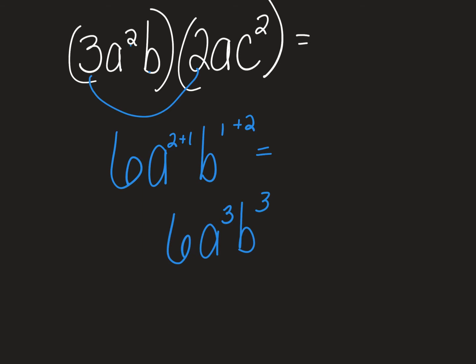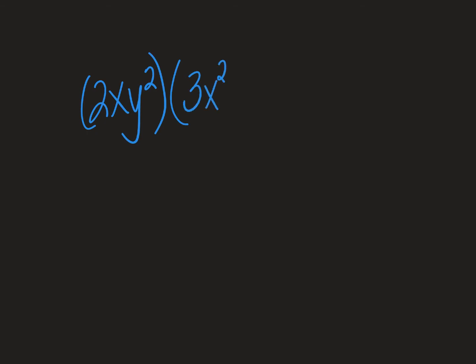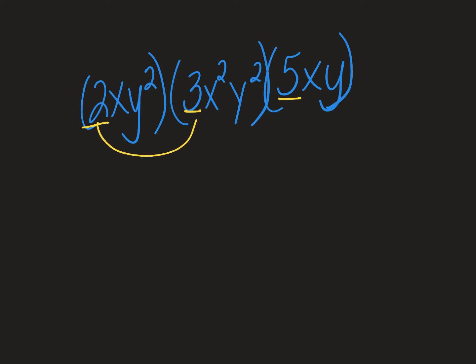All right, let's look at some more. Now, you're going to have them where you're going to have multiple, like 2xy squared times 3x squared y squared times 5xy. Now, again, I'm going to multiply 2 times 3 times 5, and that gives me what? 2 times 3 is what? 6 times 5 is what? 30.